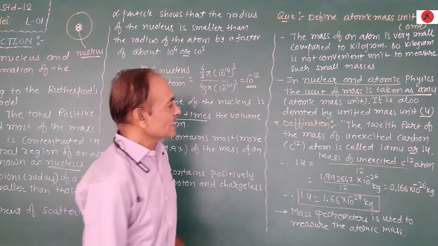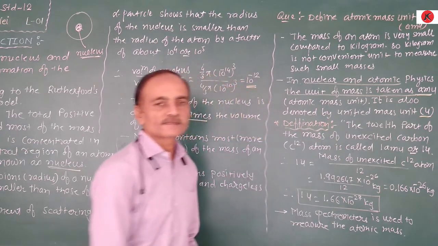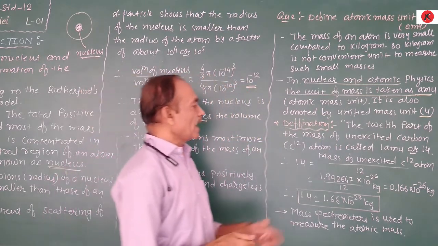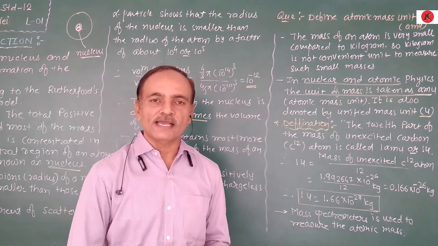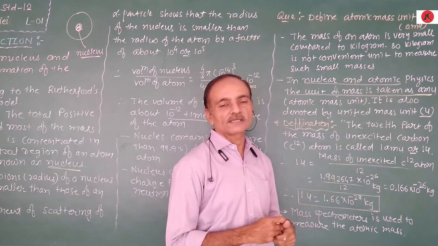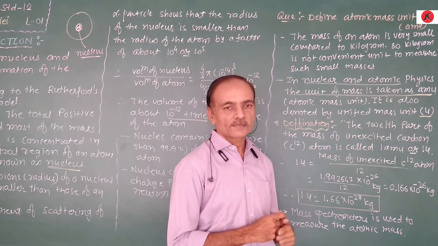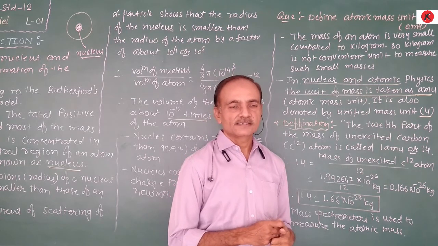What is the definition of atomic mass unit? The 12th part of the mass of an unexcited carbon atom is known as one atomic mass unit, or 1 amu, or 1 u, unified mass.